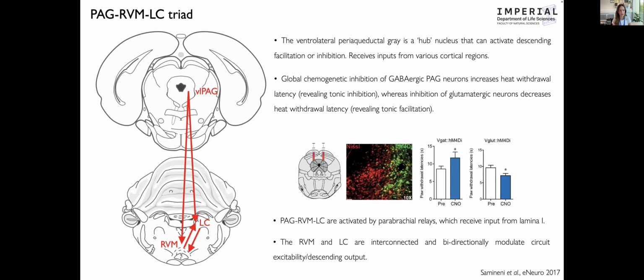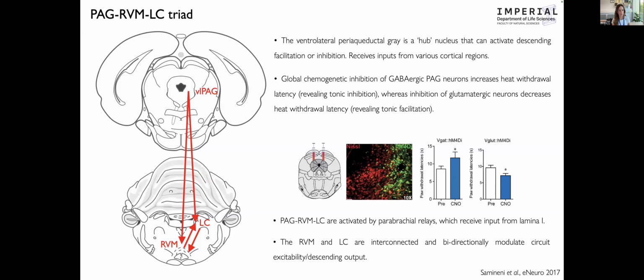This is why this paper was so important, as it was able to demonstrate the different contributions of genetically defined glutamatergic and GABAergic PAG neurons in nociceptive processing, really bringing us up to date from those early seminal studies that Frank presented.